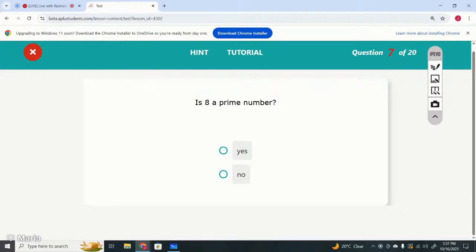No, it is not a prime number. Is 7 a prime number? Yes, it is a prime number.